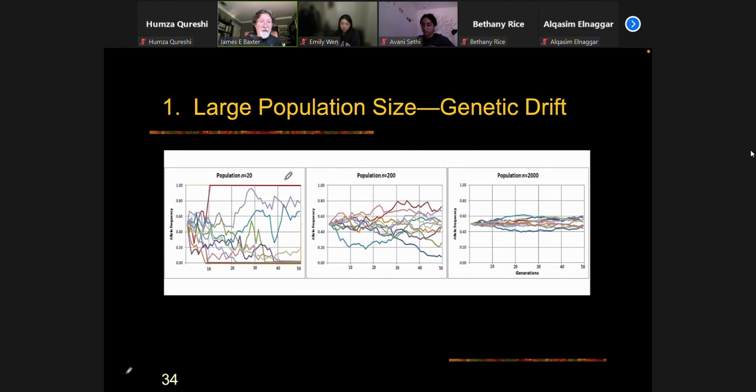And if the population size is 20, very small, you see that from generation to generation, P is going all over the place. And the pattern is unpredictable. Sometimes, like this red one, after 10 generations, P has gone to 100%. In other words, we've lost Q. The recessive allele has been lost.